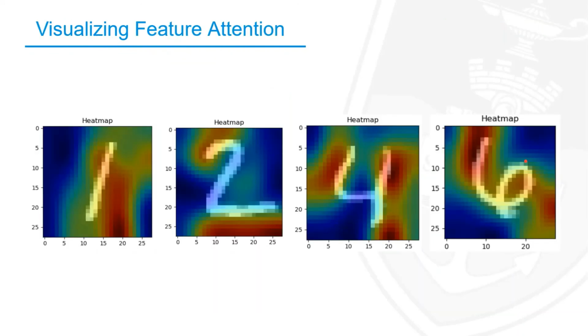Here's just an example of an attention map, or the ability to visualize that. The red areas in the diagrams indicate areas that are of interest to the convolutional neural network, areas that it took into account when trying to classify this object. Here you see this particular part of the 6 was very important.